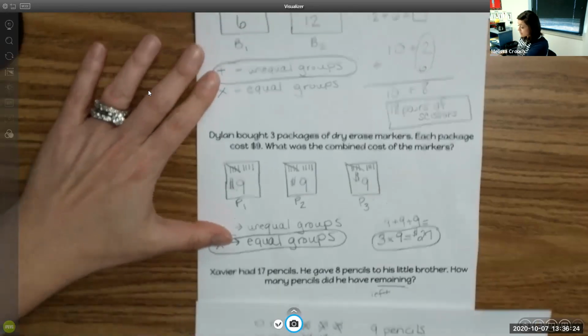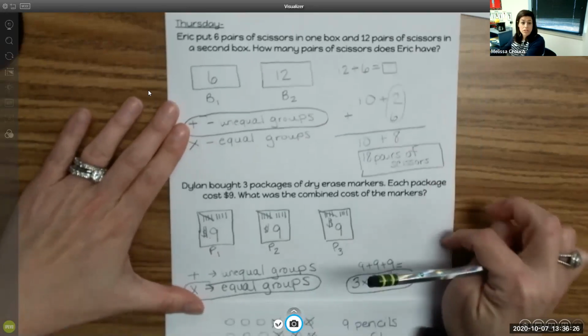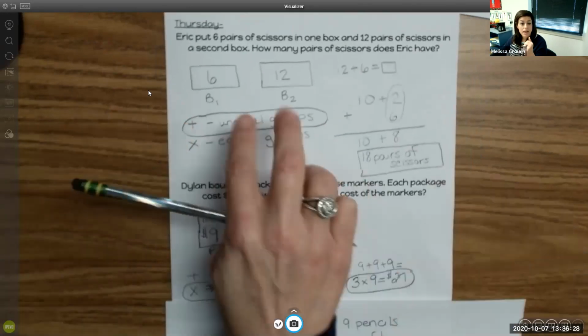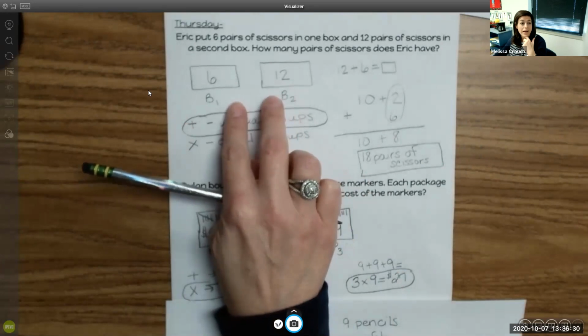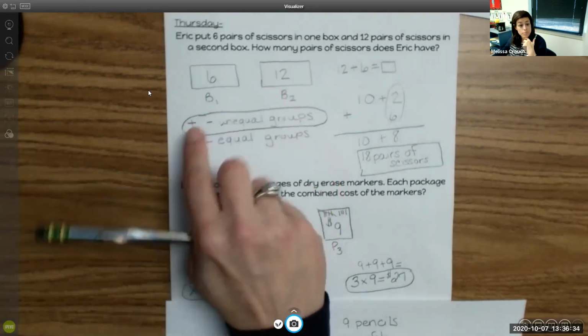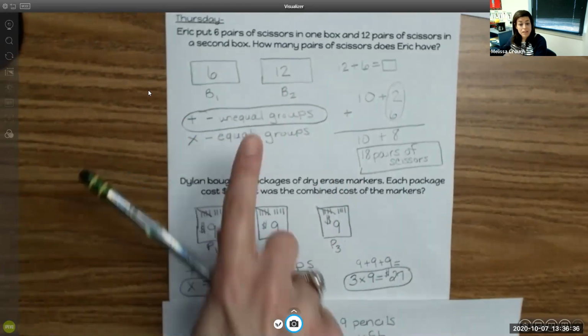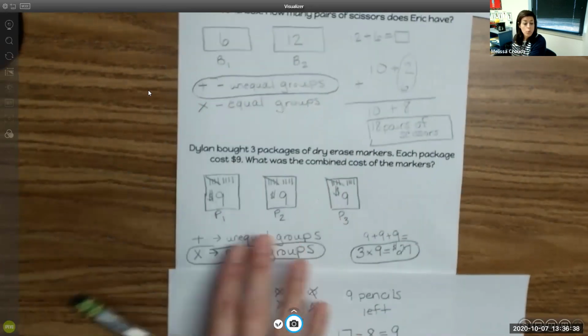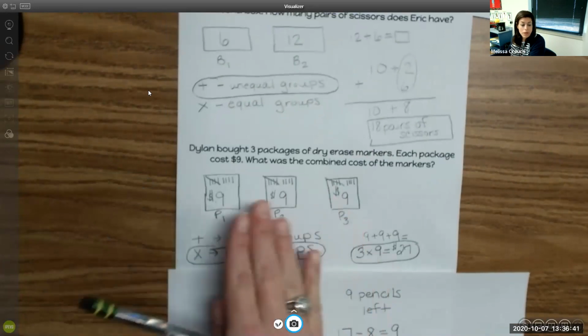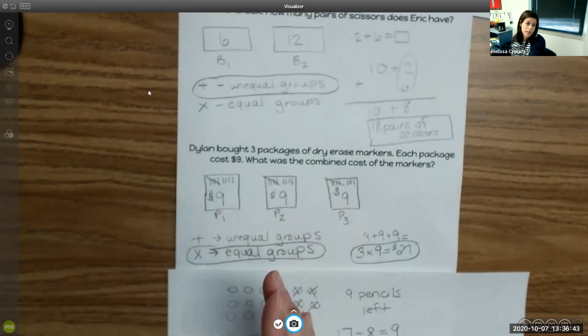A big thing here with 1 and 2 is I wanted you to see that here we were combining unequal groups. So when you have unequal groups, you add. Here, we had equal groups. We were adding 9 over and over again. So instead of adding 9 over and over again, I'm multiplying.